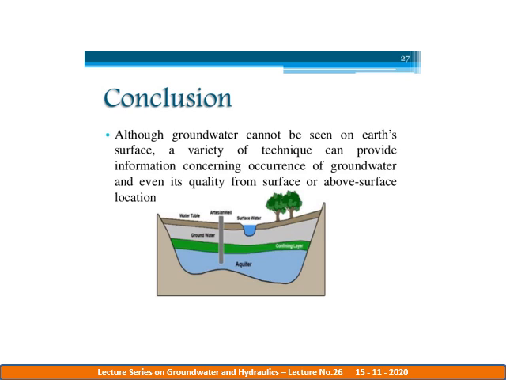Next one is the magnetic method. This magnetic method exploits small variations in the magnetic mineralogy, that is magnetic iron and iron titanium oxide minerals, among the rocks. Measurements are made using fluxgate, proton precession, Overhauser and optically pumped magnetometers.